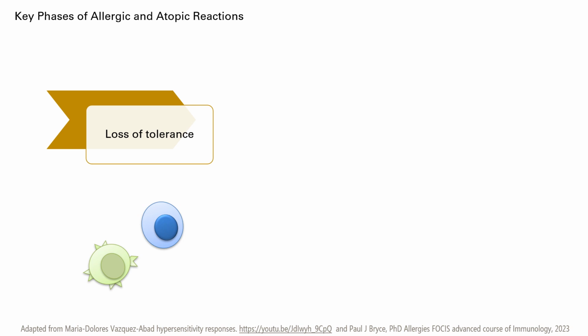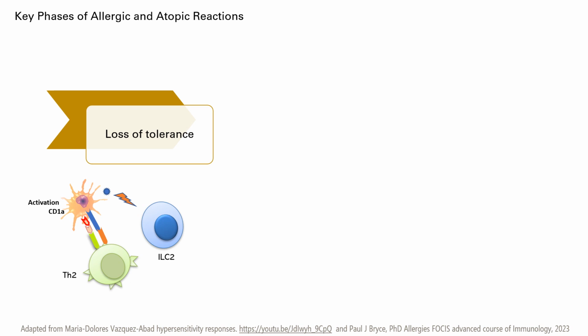We normally can tolerate these. When they are perceived as allergens, when they are perceived as danger signals by the antigen presenting cell or by the epithelium, they will engage the innate lymphoid cells and the Th cells and trigger their response and their differentiation into a Th2 or an ILC2.